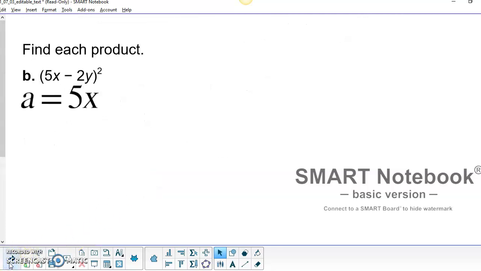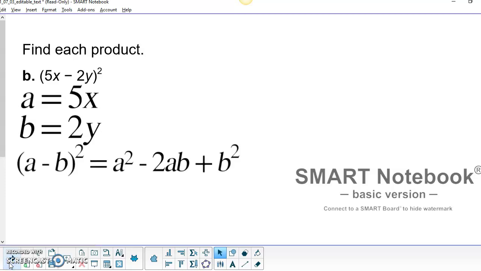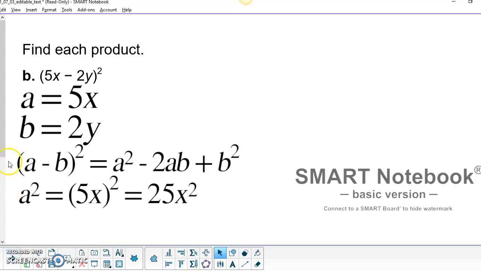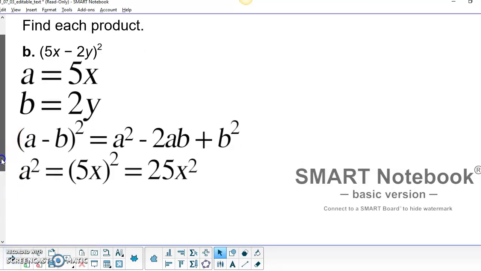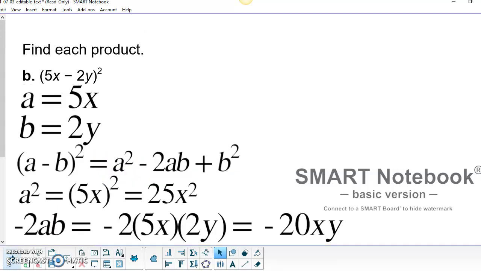All right, next one. A is 5x, your b is 2y. It was in the form of a minus b squared, which gives you a squared minus 2ab plus b squared. So a squared: my a was 5x, so I replace it with 5x squared. 5 to the second power gives you 25, x to the second power gives you x squared.